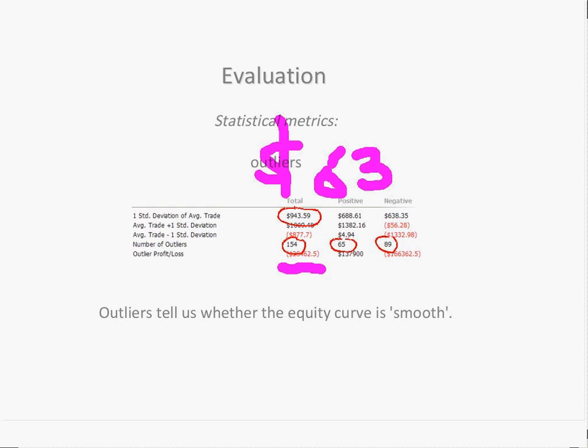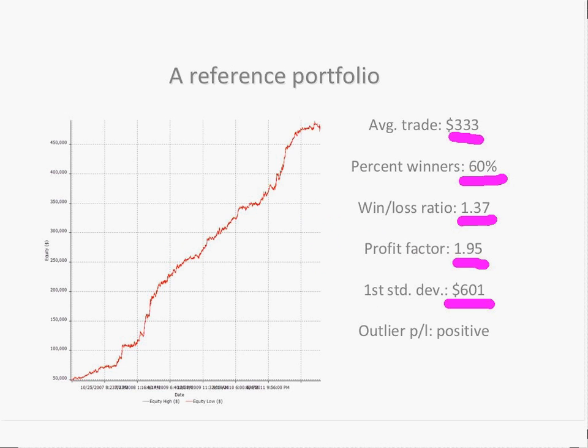It is an order of magnitude greater than the average trade. A good trading strategy has these of the same order of magnitude, just 2 greater than the average trade.